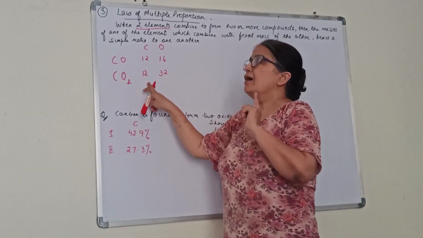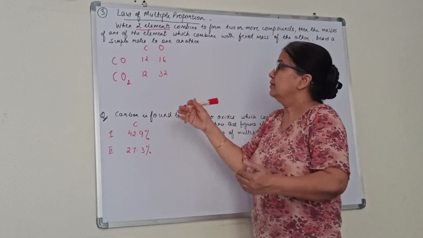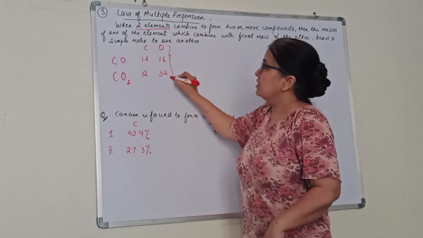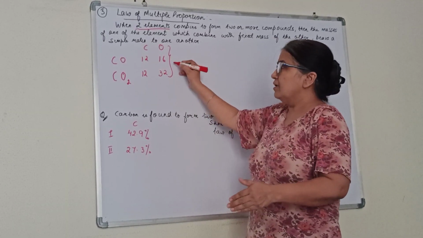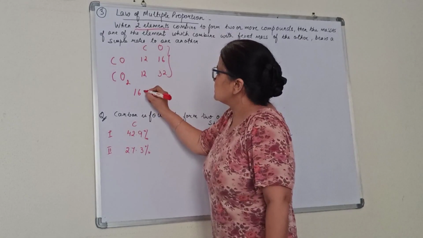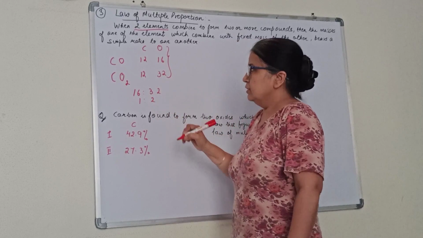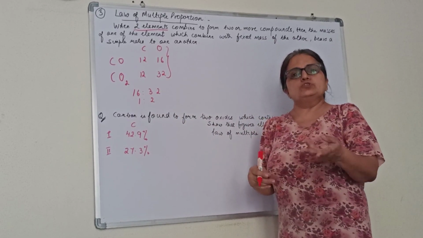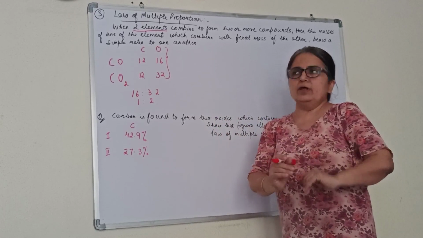We have fixed carbon here. Carbon is 12, it is common. It's by chance fixed here. So we need to compare the ratio of the other element which is combining. It is 16 is to 32, that is 1 is to 2. Simple ratio means 1 is to 2, 2 is to 3. Not larger numbers, smaller numbers.